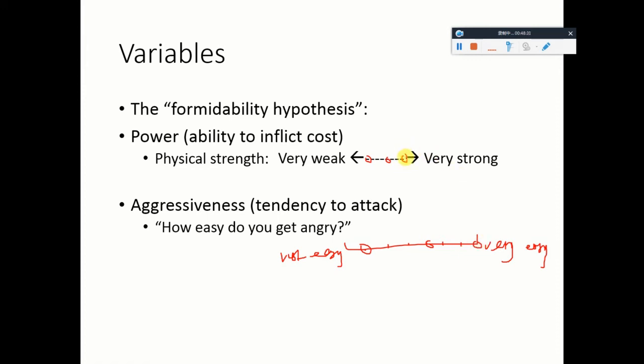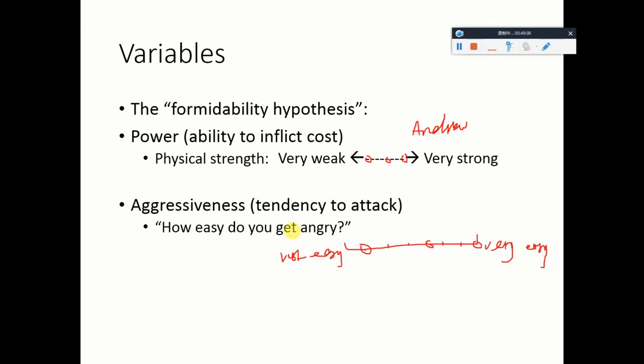So for example, if these two scores belong to the same person, let's say Andrew. Say Andrew answered these two questions and he scored here on this question and he scored here on this question. That means Andrew, who is very strong, also believes himself to be very prone to anger. Right? That will be consistent with this hypothesis.